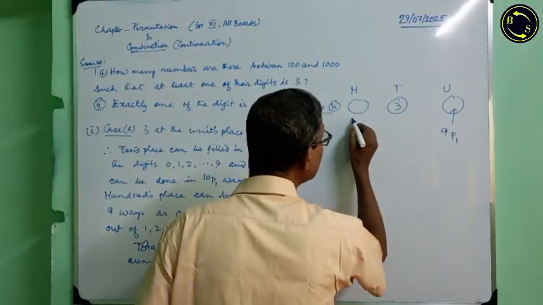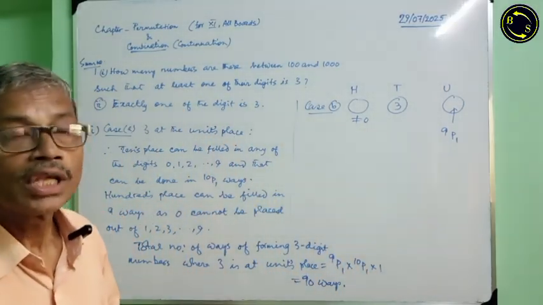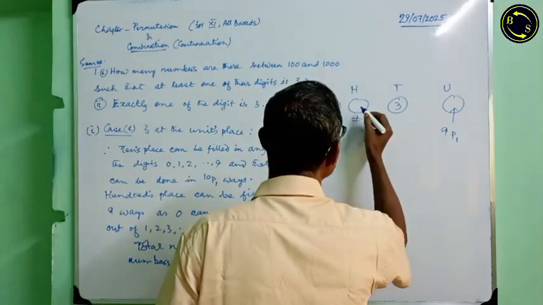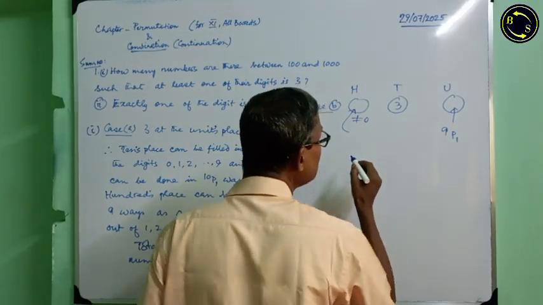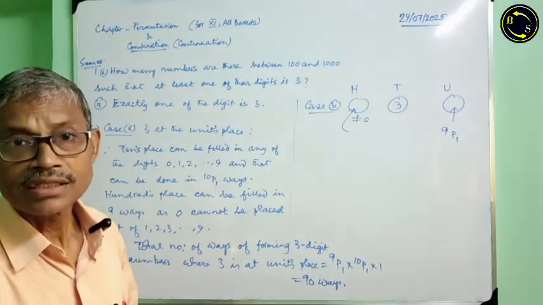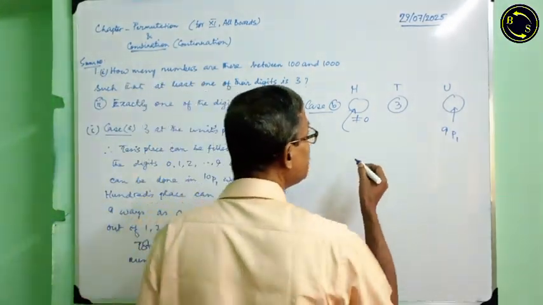Hundreds place, this cannot be 0. Therefore, this place also can be filled except 0. That means out of 9 digits, in how many ways?